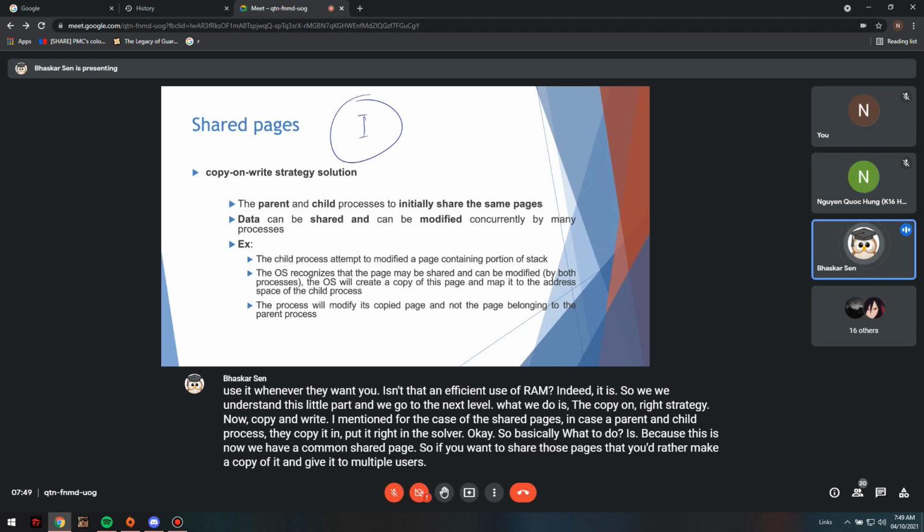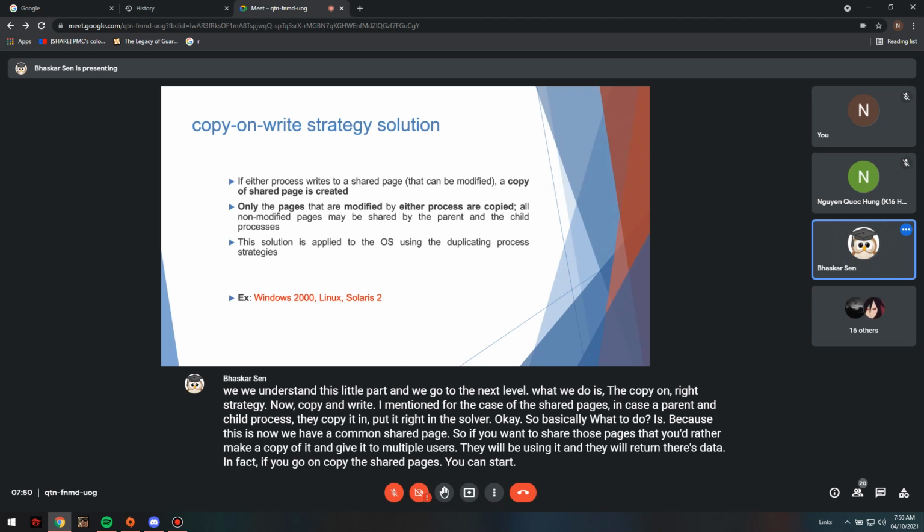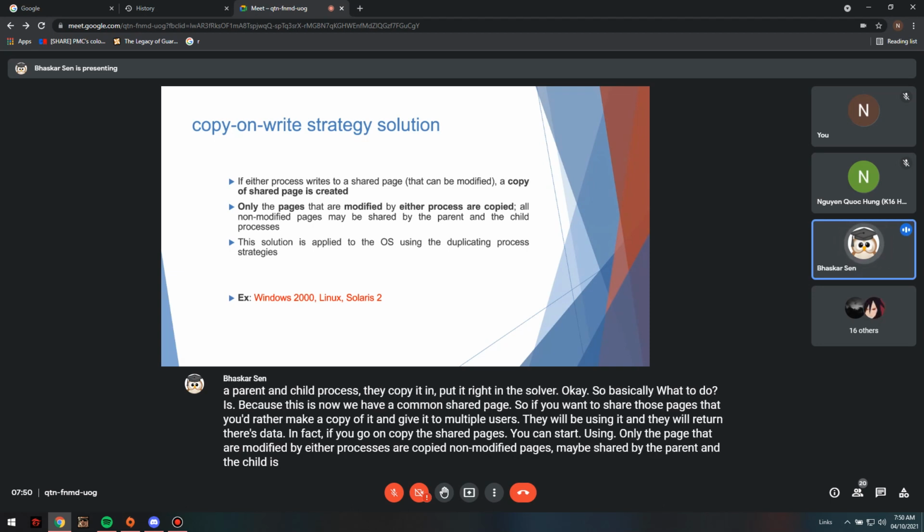They will be using it and they will return those data. Only the pages that are modified by either process are copied. Non-modified pages may be shared by the parent and the child. This solution is applied always using duplicating process strategies.